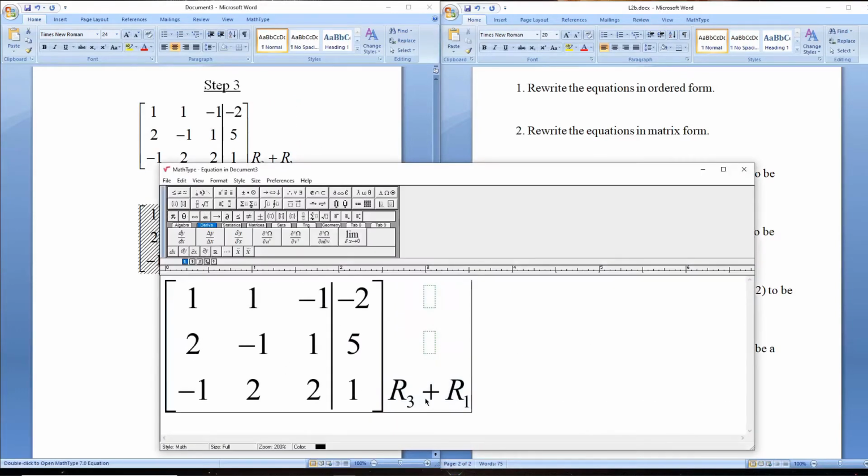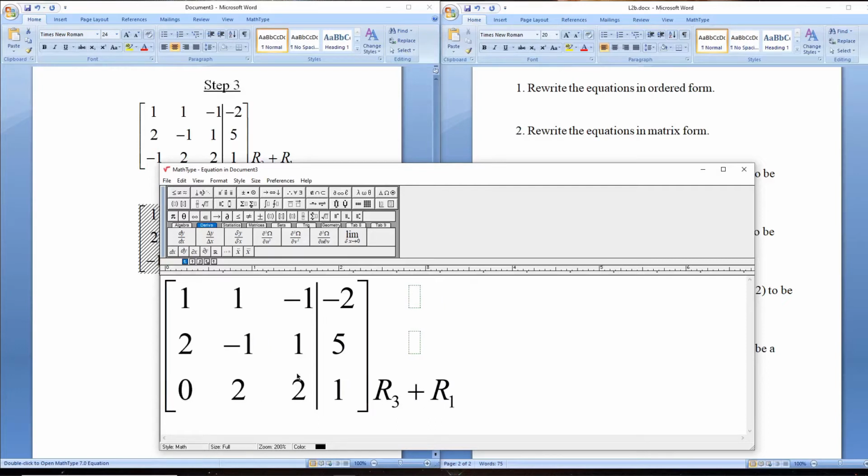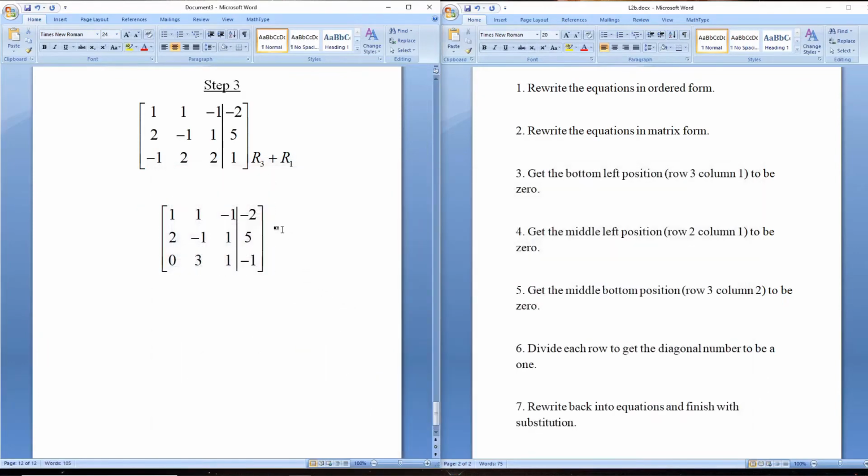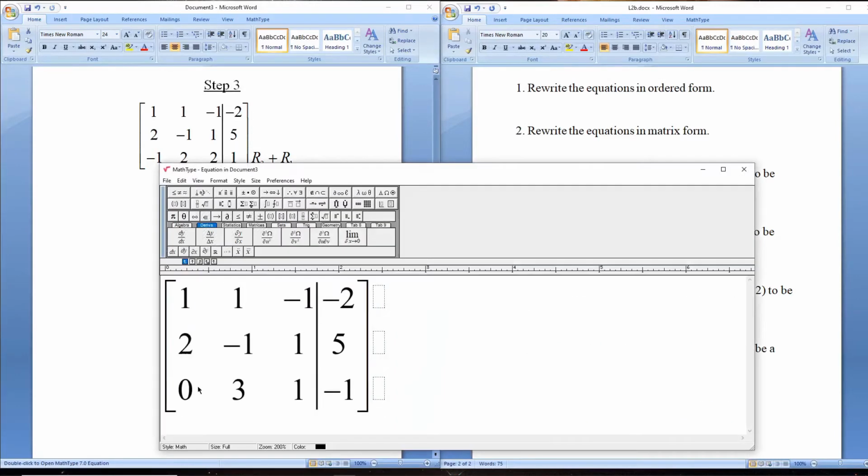Minus 1 plus 1 is 0. Then we have 2 plus 1 to get us a 3. Then 2 minus 1 to get us a 1. And then 1 minus 2 to get us a minus 1. That is our instruction finished, and we accomplished our goal of getting a 0 in this bottom left position.